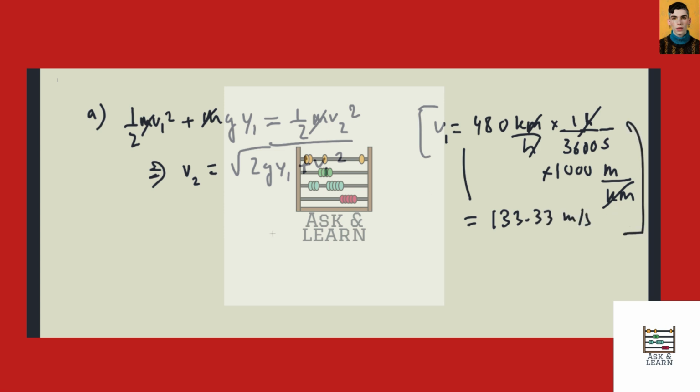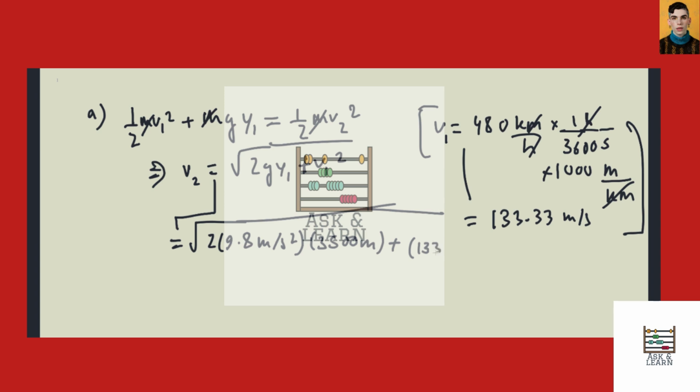So that is our v1, and so let's go ahead and plug that in. You have the square root of 2 times 9.8 meters per second squared times 3,500 meters, which is the height, plus 133.33 meters per second quantity squared. This gives us v2 of 293.8 meters per second.